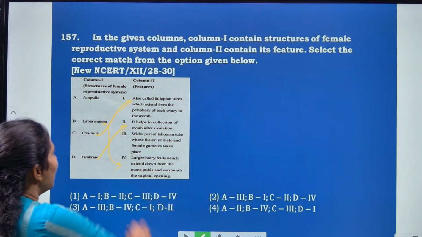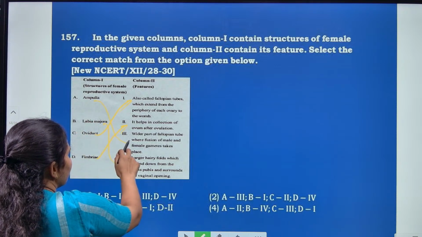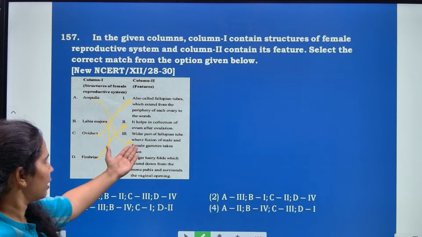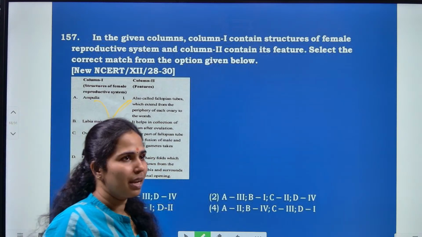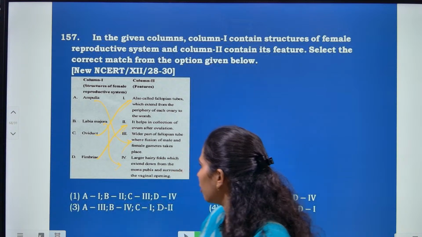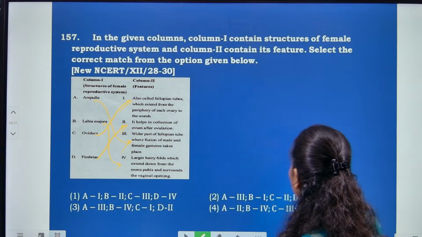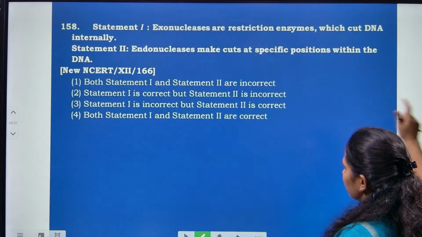And ampulla is the wider part of the fallopian tube where the fusion of male and female gametes takes place for fertilization. So I have matched here, so you can go with the options given below.